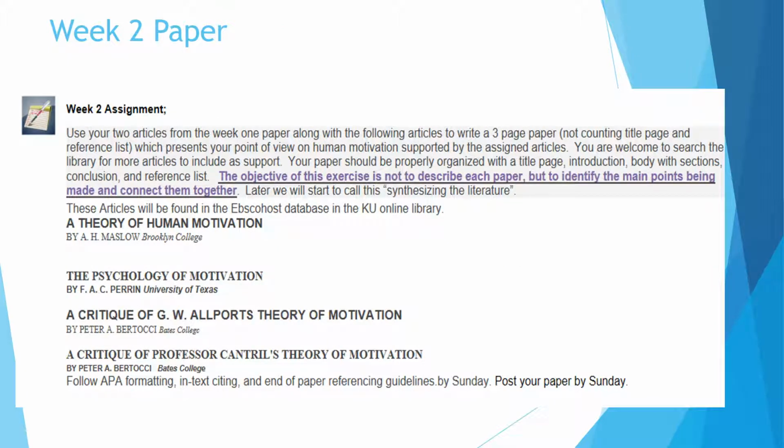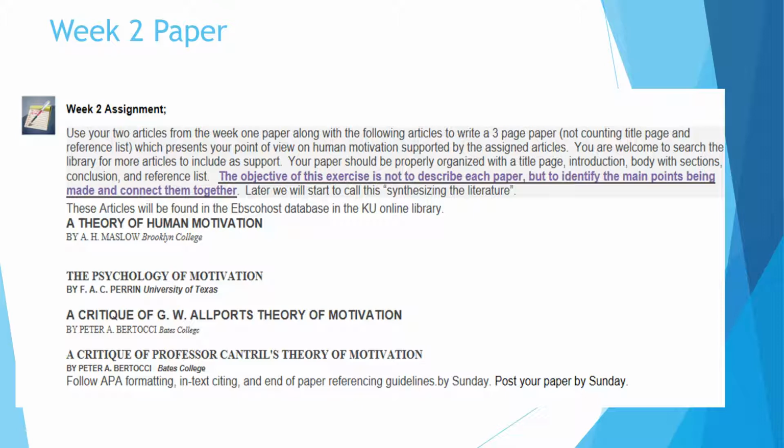The week 2 paper I want to spend a little time explaining because this may seem a little confusing. Now, you wrote your week 1 paper on a couple articles you selected from the library on human motivation. And let me just say right now, we are going to stick on the subject of human motivation throughout the entire class.